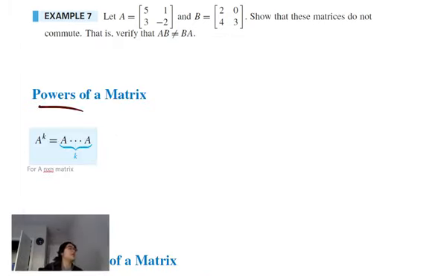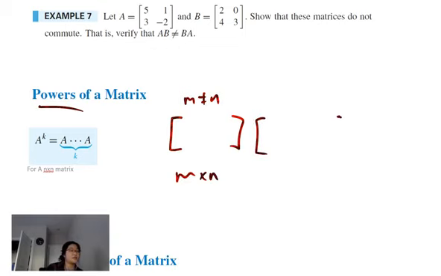We can also have powers of matrices where we multiply repeatedly, and this is only going to work when our dimensions line up. That means we need square matrices for our powers. Because if m is not equal to n, then you have an m by n matrix multiplied by an m by n matrix.